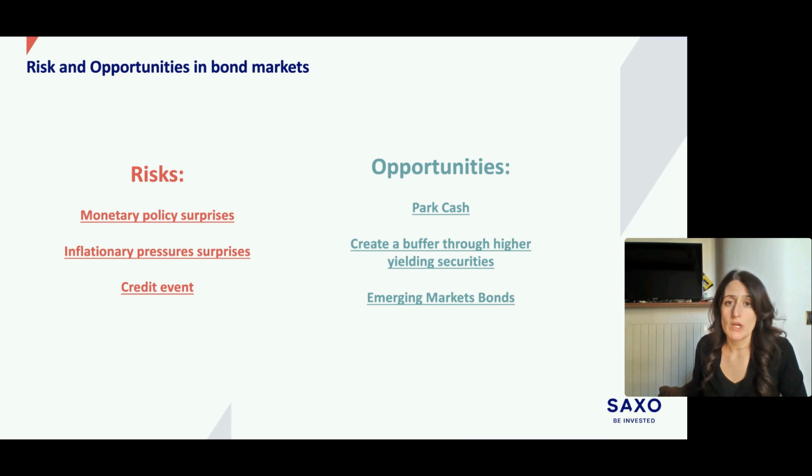The other risk that we might be facing is that inflationary pressures might surprise on the upside, that they might remain sticky around 3% or resurface again above 3%. And then the other risk is a credit event, which right now is very hard to foresee because nobody has been foreseeing also the previous crises.